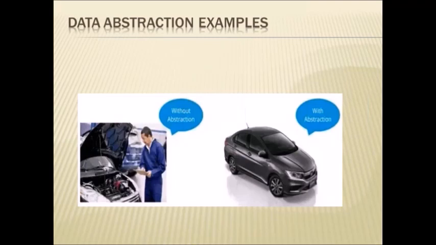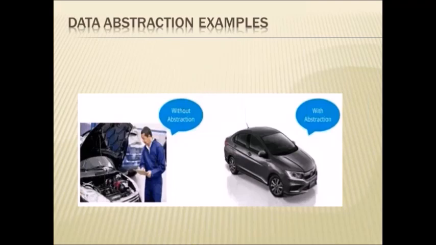You don't know that internal process. That is one property of abstraction. So abstraction is nothing but the act of representing essential features without including the background details. So classes use the concept of abstraction so that the data is hidden. It is not accessible by outside functions. That is the concept there.